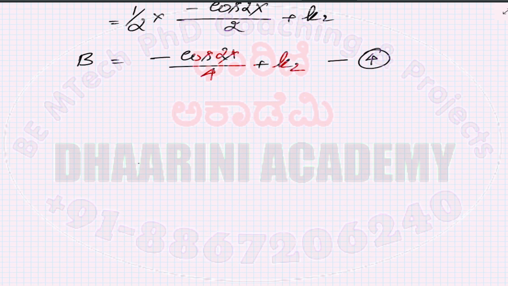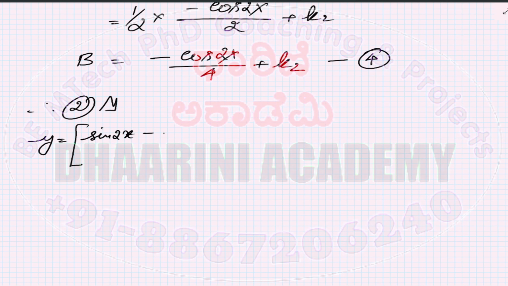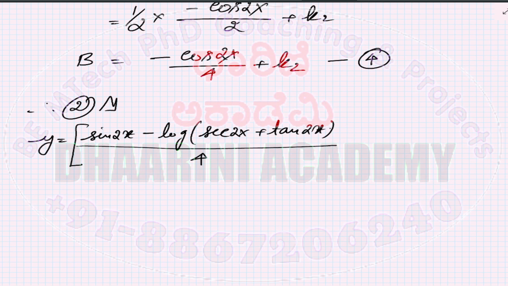Alright, once we have this, our final answer: equation 2 becomes y is equal to a times cos 2x. So a is nothing but sin 2x minus log of secant 2x plus tan 2x divided by 4, I'll take the 4 inside.